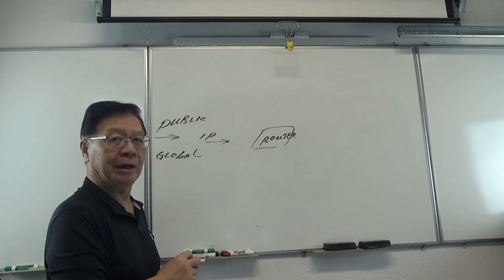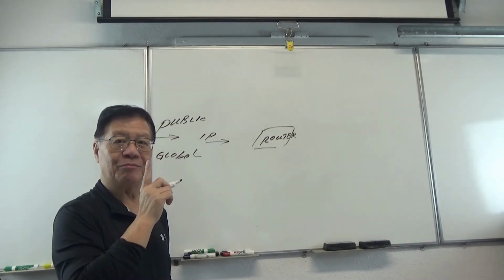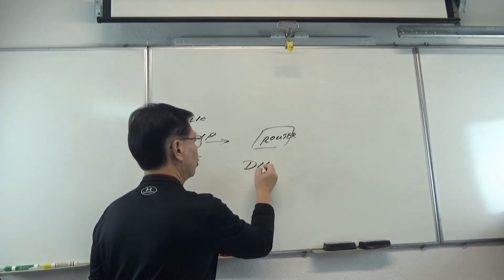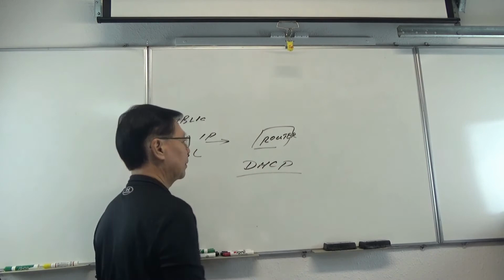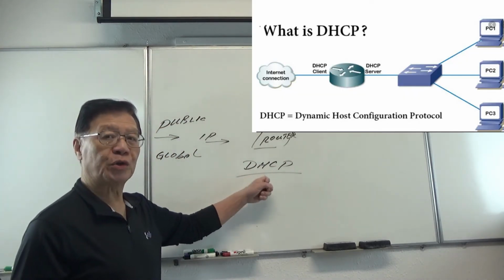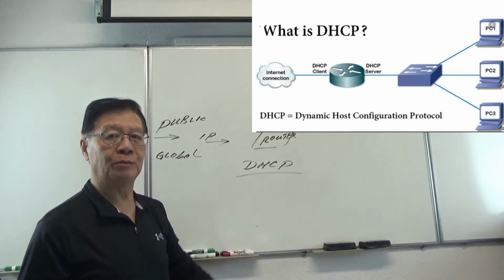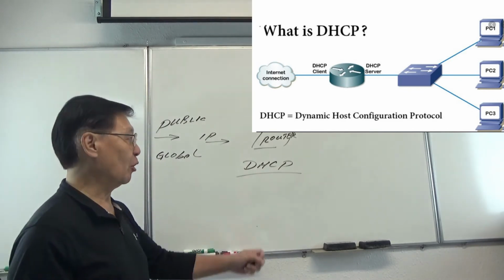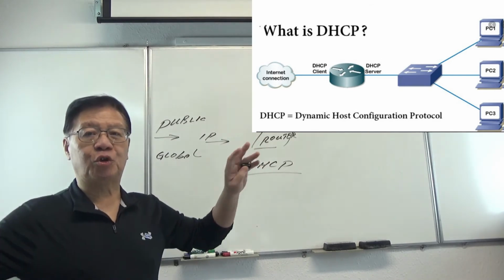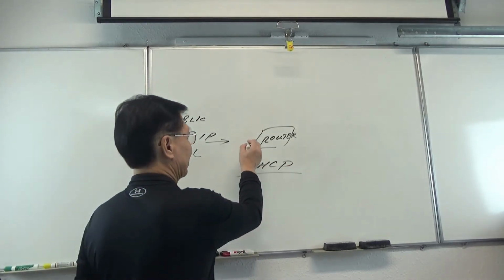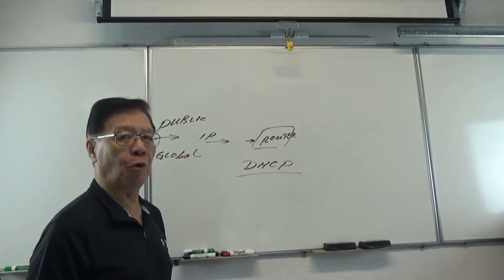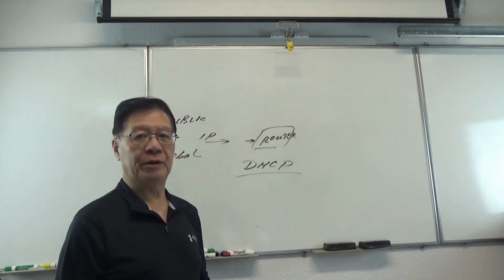The router has a software system called DHCP. What is DHCP? It stands for Dynamic Host Configuration Protocol. Because of this feature, the router has two sides. One side accepts your public or global IP address.